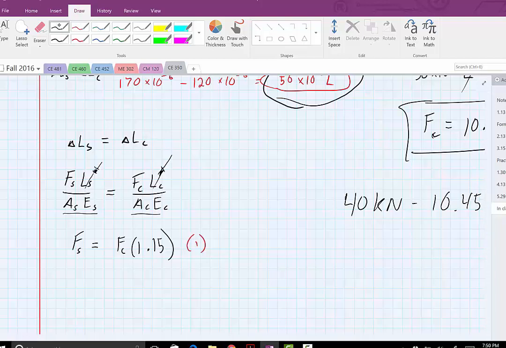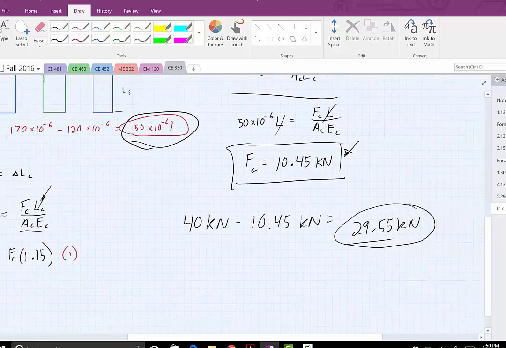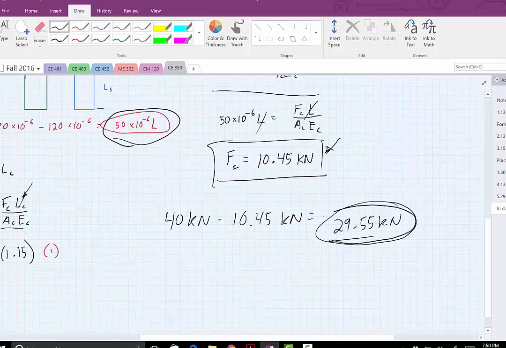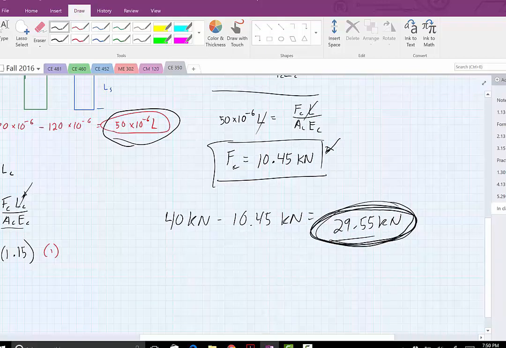So this we can identify as equation 1. What was equation 2? If you remember what I wrote just here, this 29.55 kilonewtons is going to be distributed between both the steel and the copper. So the force applied to the steel plus the force applied to the copper is going to equal 29.55 kilonewtons.